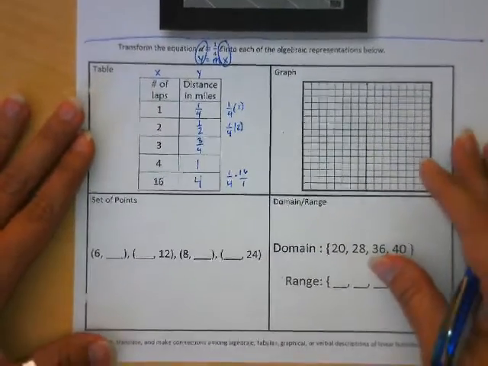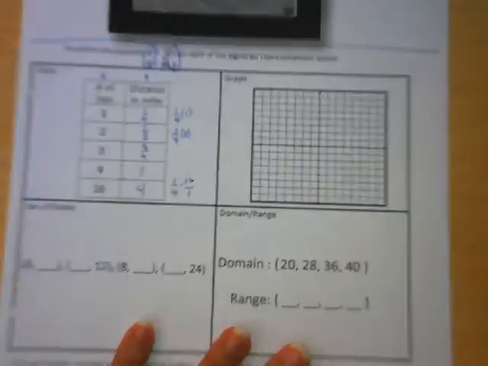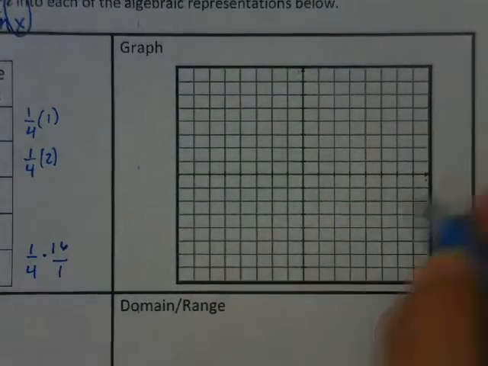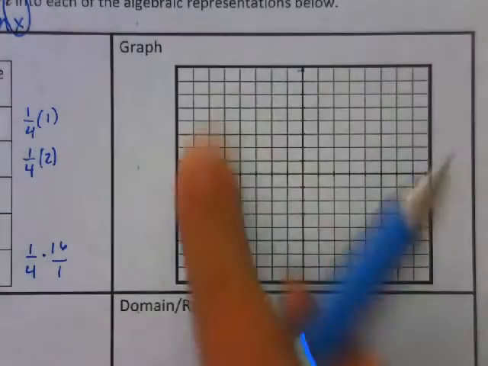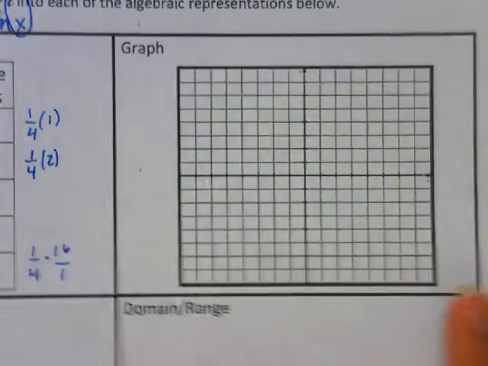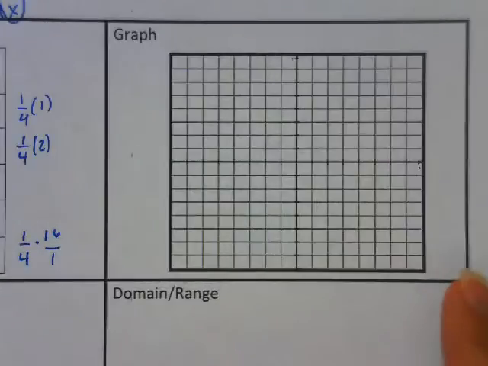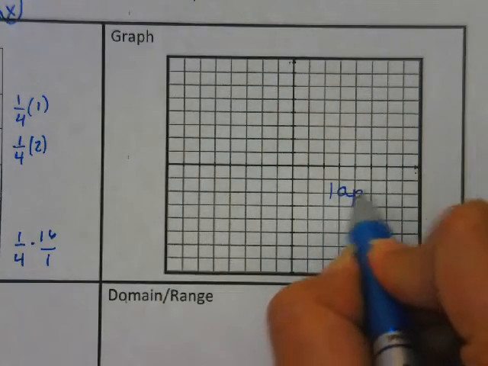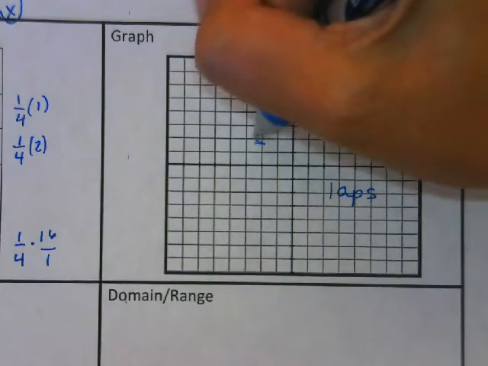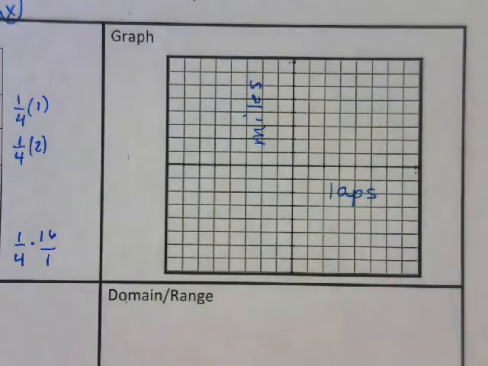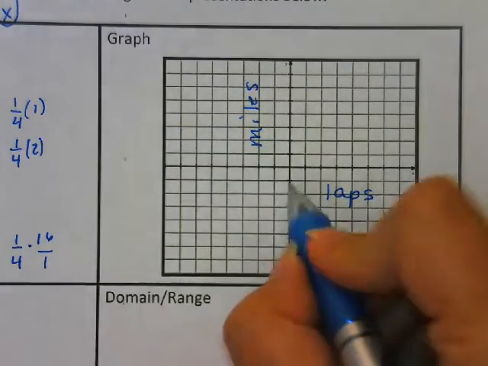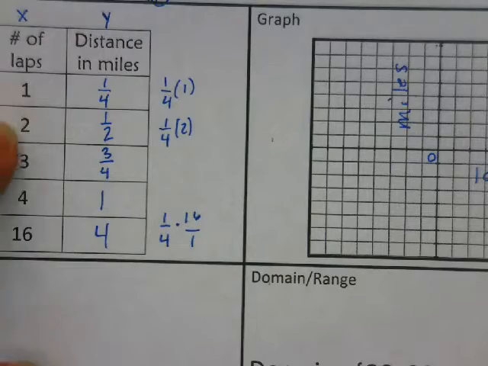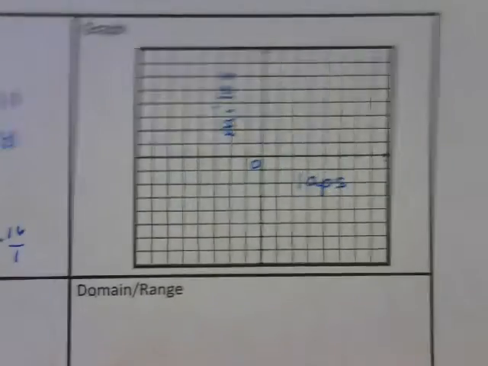So we can take this and we can put it in a graph if we wanted. You do need to label your graph. Now this has all 4 quadrants, but our data is all positive, so we are only working within this first quadrant. So we're going to label independent is laps, dependent is miles, and we're going to need to use a scale. We can count our scale for our independent variable as ones.